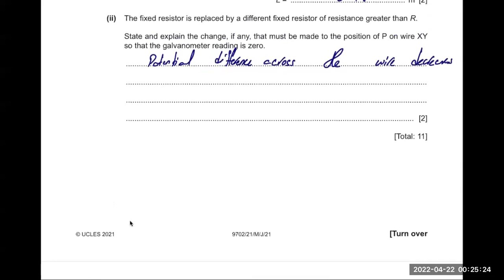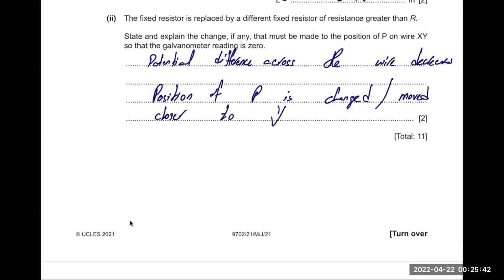So the position of P is changed and it's moved closer to Y or further away from X.